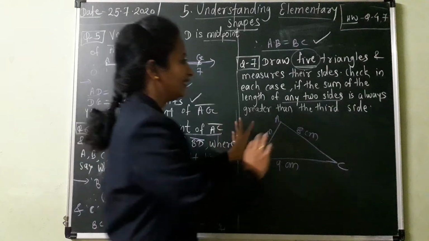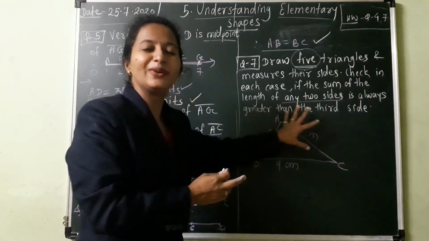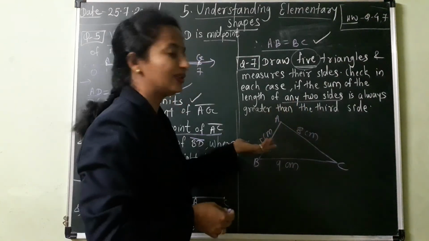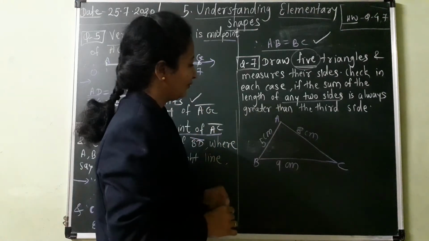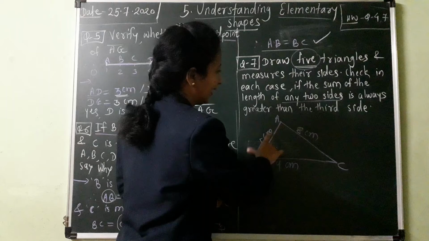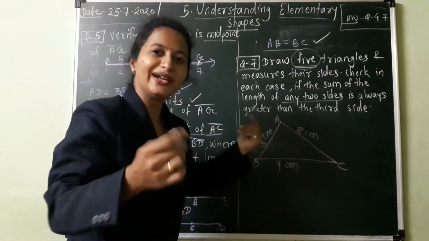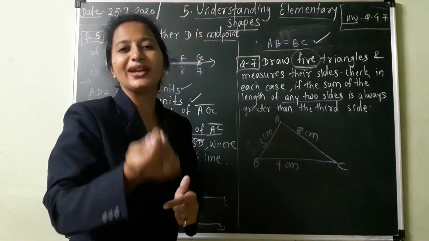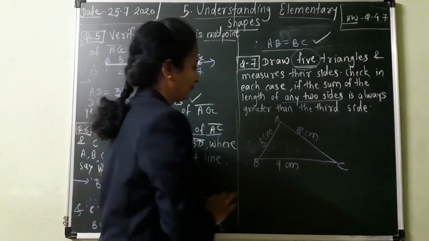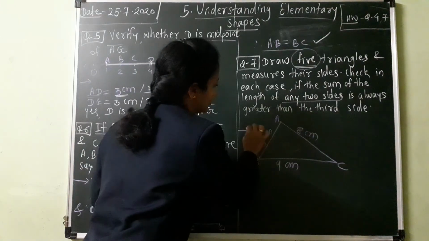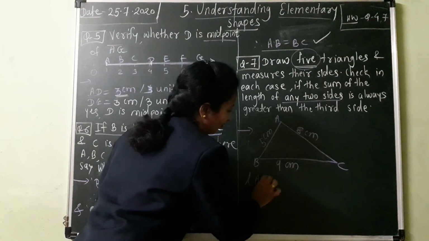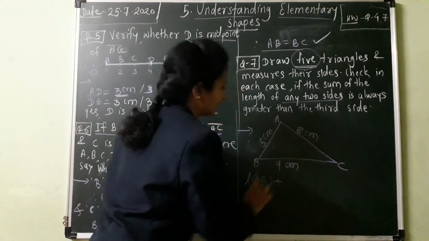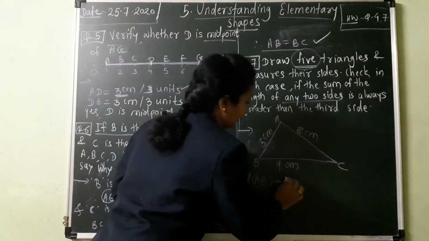Now we have to check whether the sum of the lengths of 2 sides is equal to, greater than or less than the third side. You can consider any 2 sides of the triangle. Here I will consider the length of AB plus the length of AC.